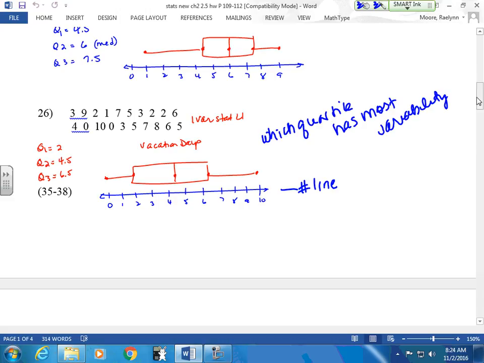Which section of those 4 sections is the longest section? The fourth. Remember, this is in quarters. So this is the first 25%, the second 25%, the third, the fourth. Kind of close between this one and this one. If I wanted to, I could subtract their numbers and tell for sure, but it kind of looks like that one might be. Which one has the least variability in the data?